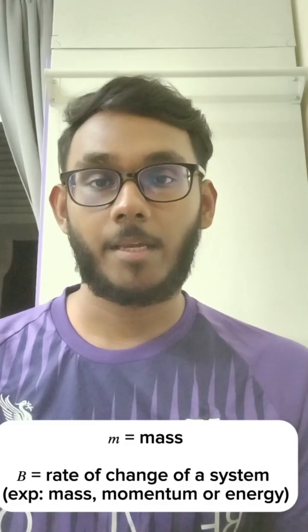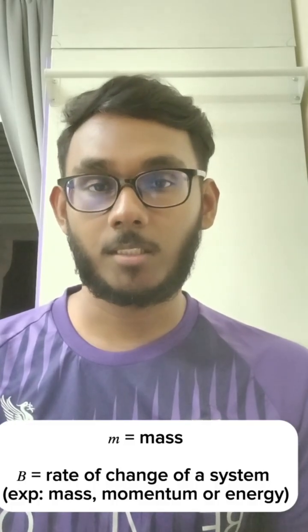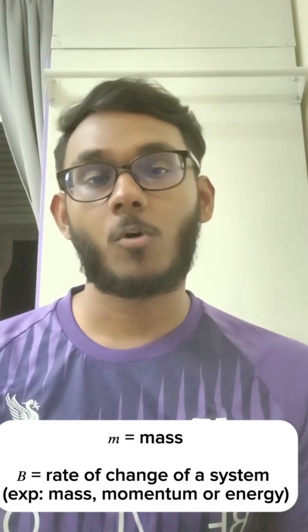Now, after explaining what RTT is, let's get into the equation one by one. First off, we have beta equals P over M, where M equals mass and P equals the property of the system, such as mass, momentum, or energy. The rate of change of B for a system, which is written as dB system over dt, is related to two components in the control volume approach, which is of course the rate of change of B inside the control volume and the net flux of B across the control surface.